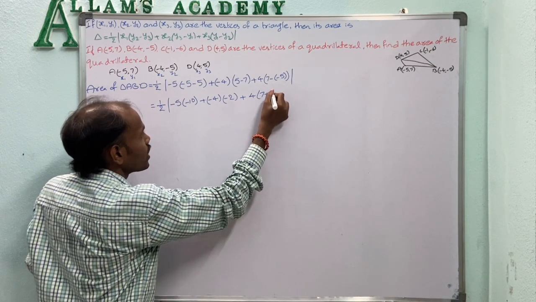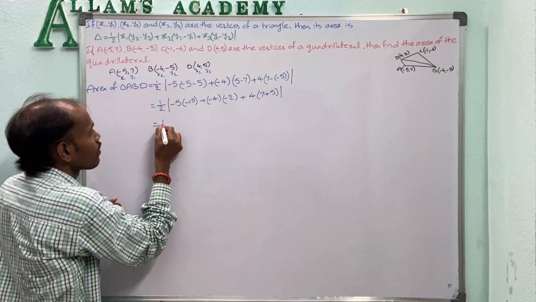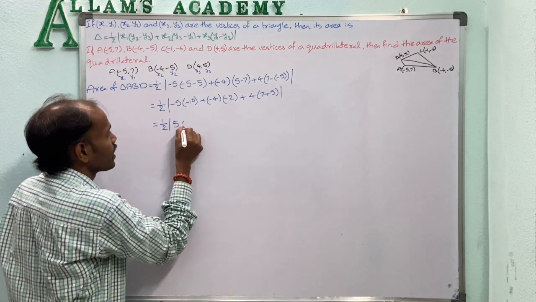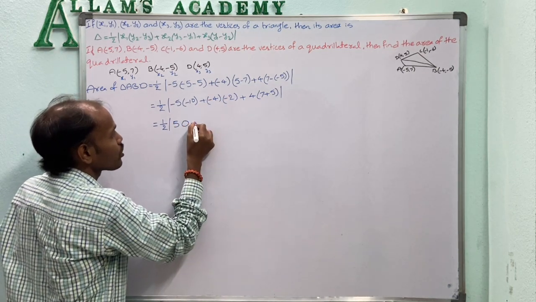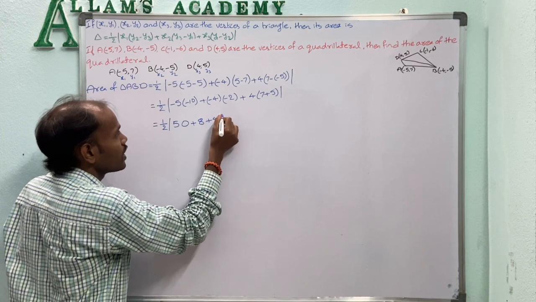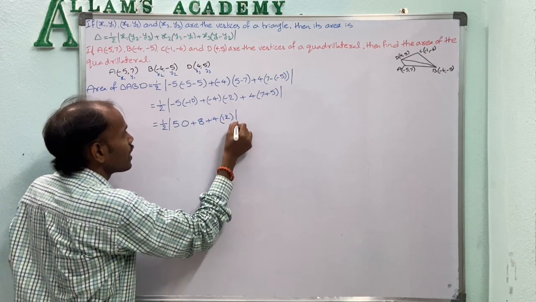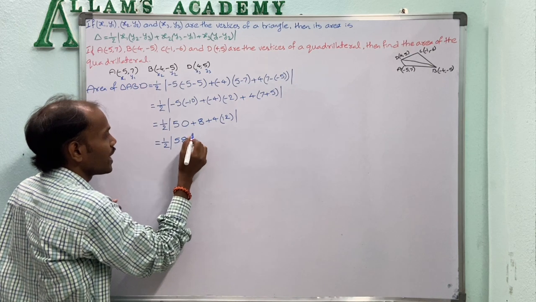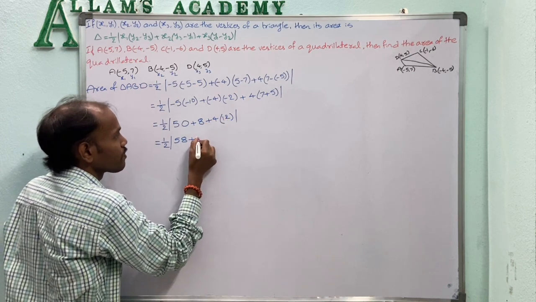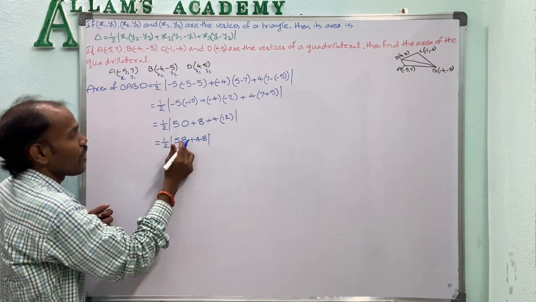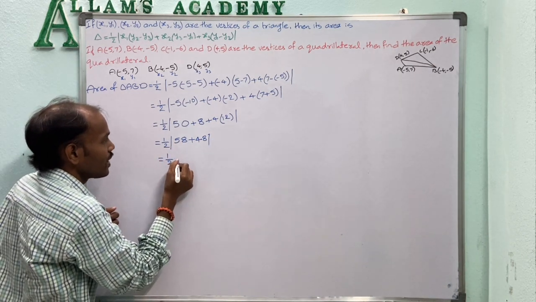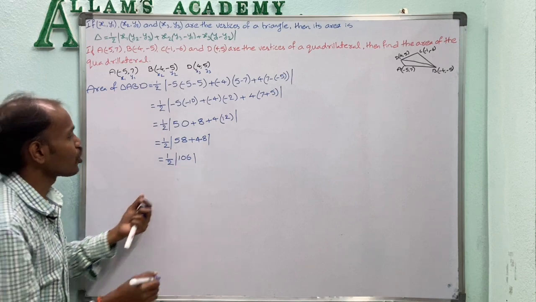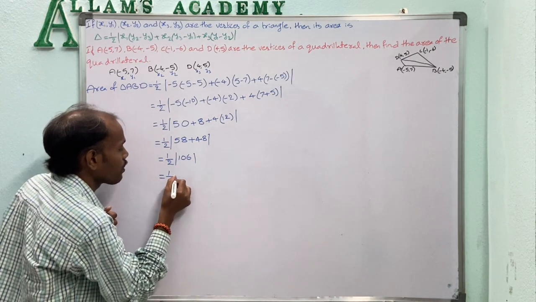Equals half mod of -5 into -10, that is plus 50, -4 into -2, that is plus 8, plus 4 into 12, that is 48. So 50 plus 8 is 58, and 58 plus 48 is 106. Mod, positive or negative, we take the positive value only.